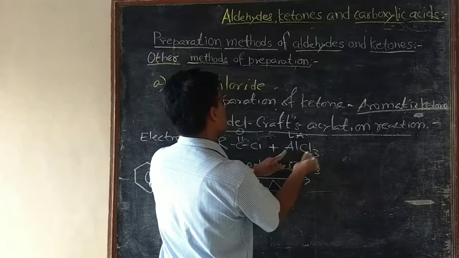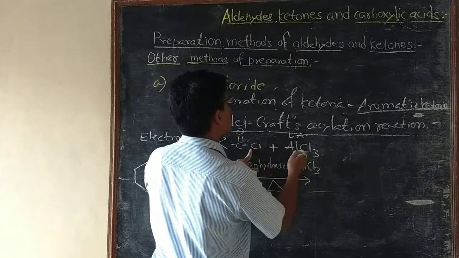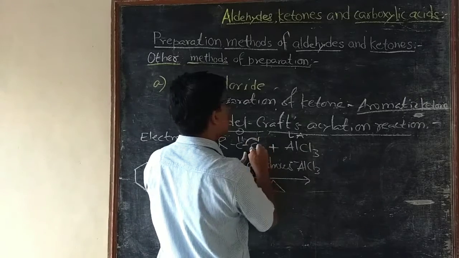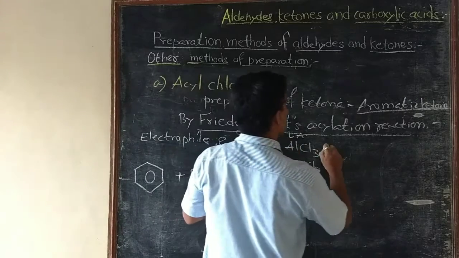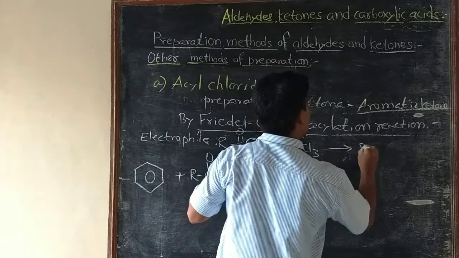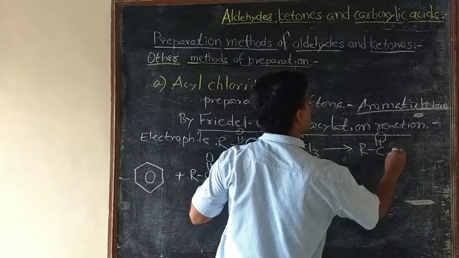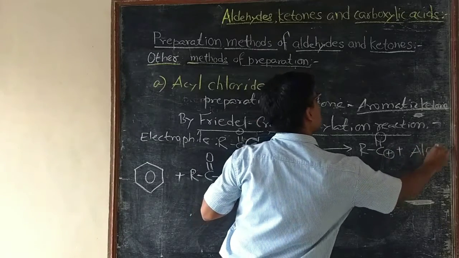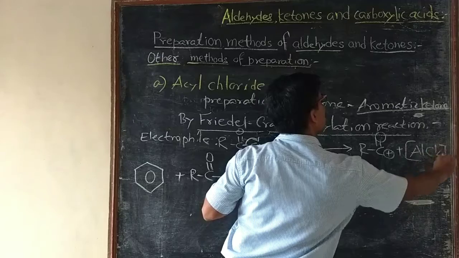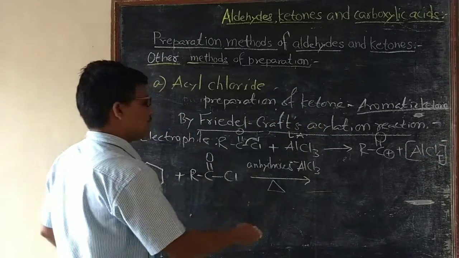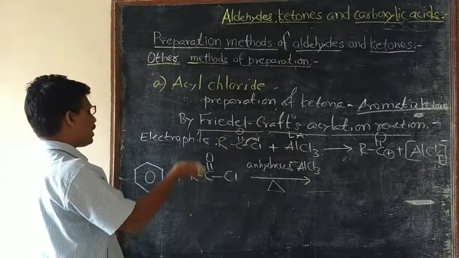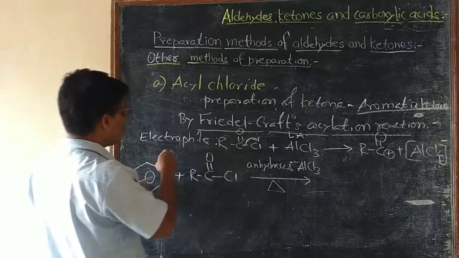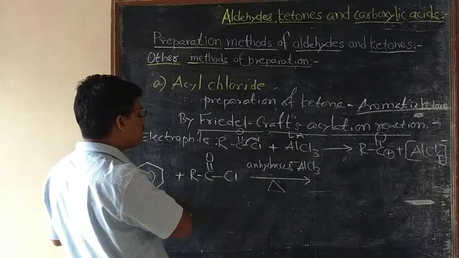That means it has electron deficiency, therefore it accepts electrons. This Cl with its electron pair goes to aluminum chloride to form RC double bond O plus, that is acylium ion, plus AlCl4 minus, and this acylium ion attacks this benzene ring, that is the pi electrons of the benzene ring, to form acyl benzene.